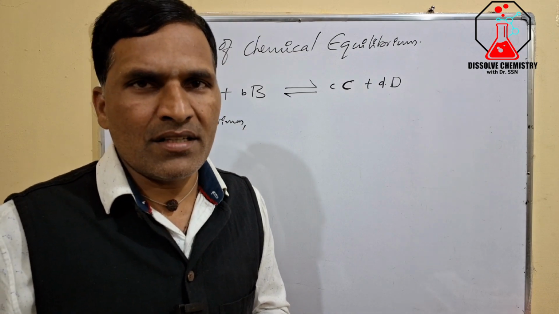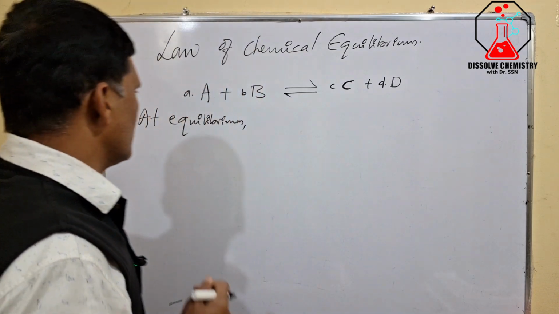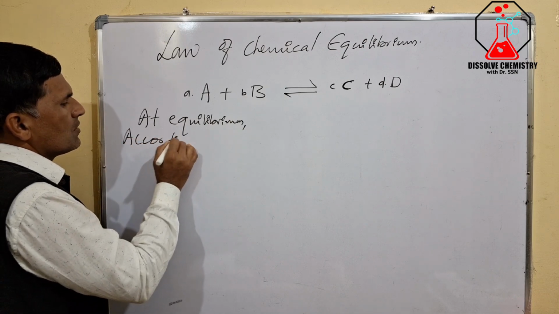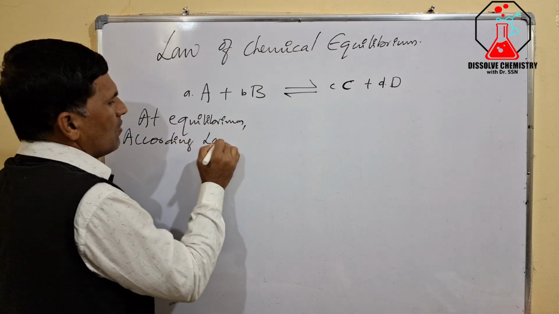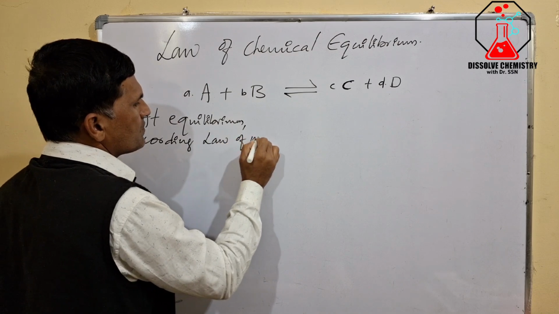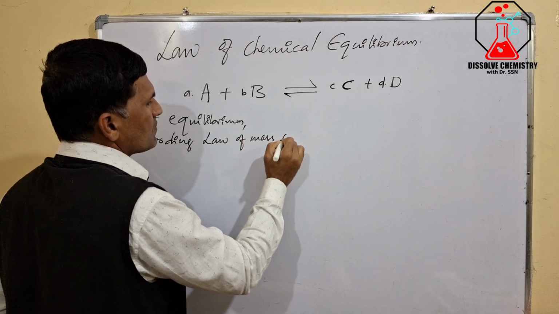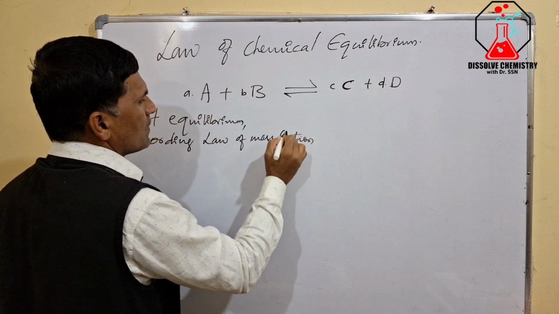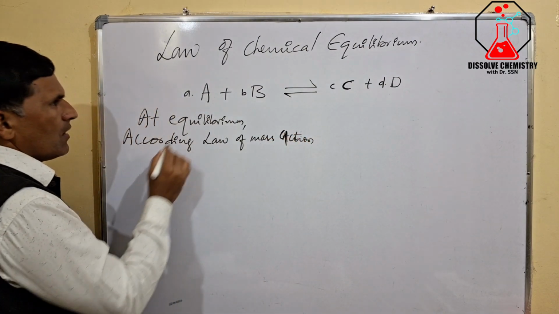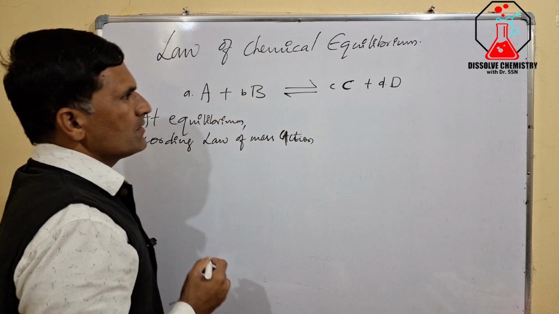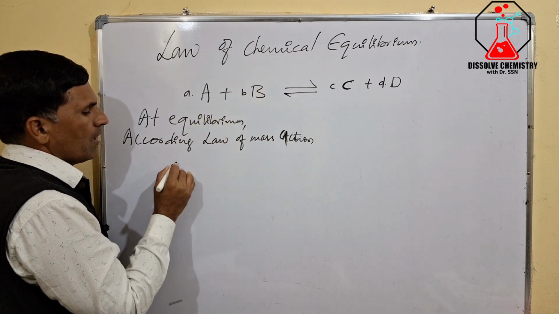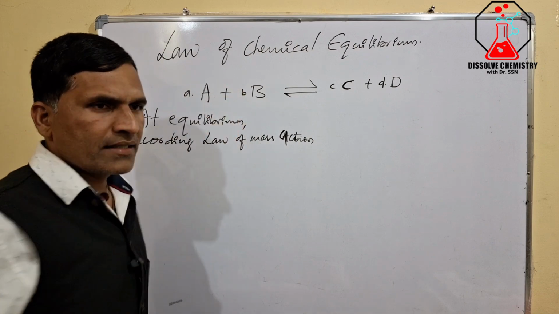Now this law of chemical equilibrium, we are going to derive by using the law of mass action. According to the law of mass action, for a given reaction, the rate of chemical reaction is directly proportional to the active masses of the reactants.